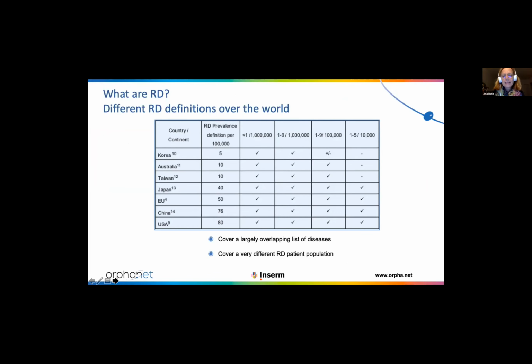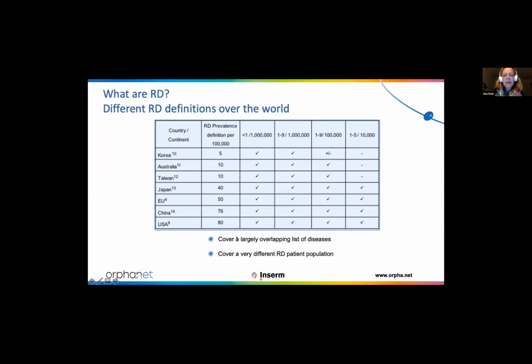We don't have a single universal definition for rare diseases, but all the definitions are based on prevalence. Prevalence is the number of patients at the same time in a given population. So you see that there are huge differences between the definitions, and we adopt the European definition that is less than 50 patients per 100,000 inhabitants.